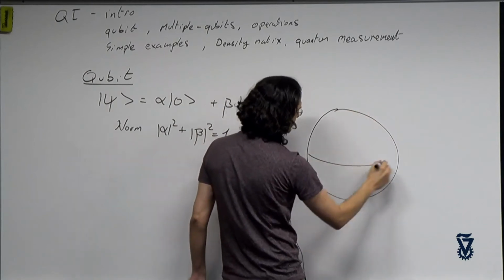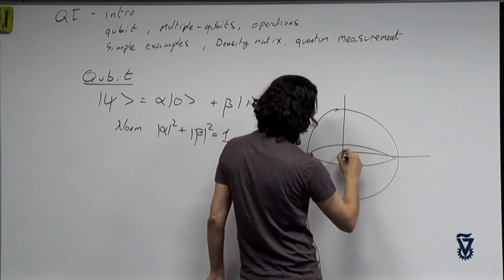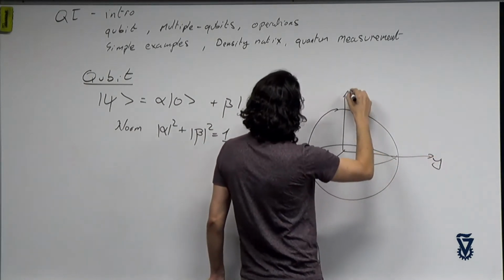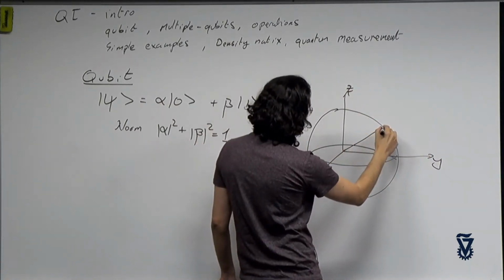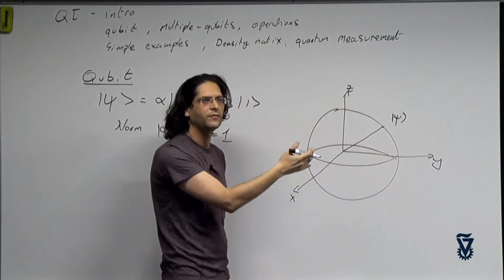And we also said that we can describe this on the Bloch sphere. Okay, so we had our Bloch sphere with x, y, and z, and we had some state psi on the surface of the sphere.